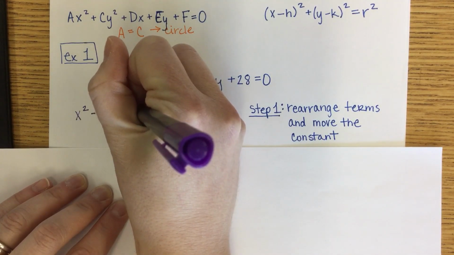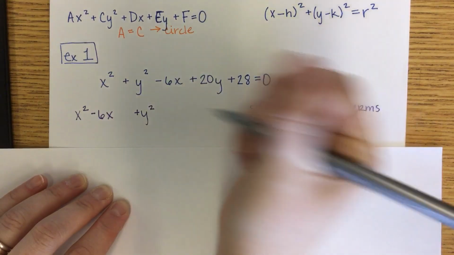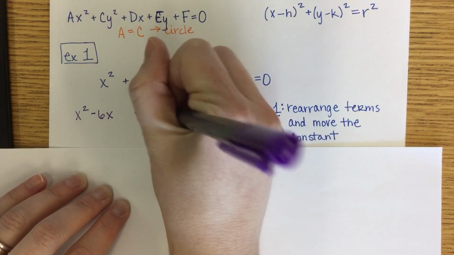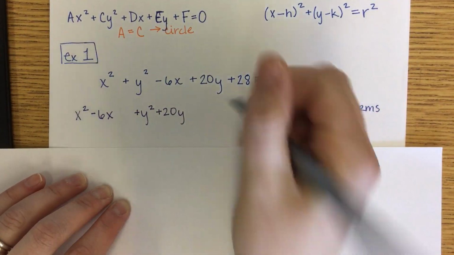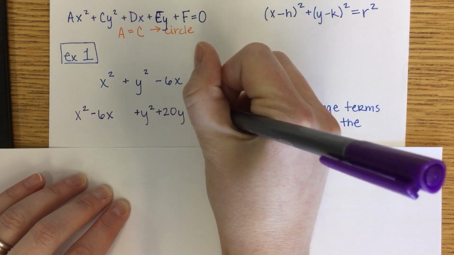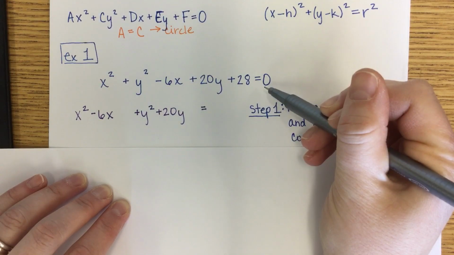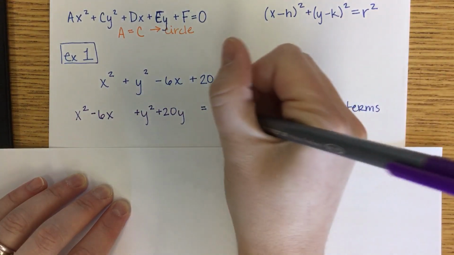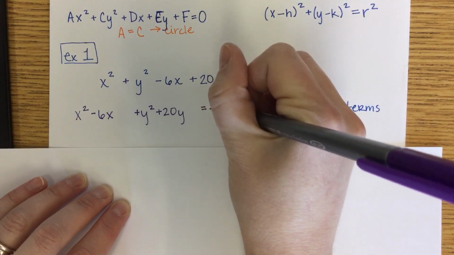Then I'm going to put my y's, plus y squared plus 20y. Again, I'm going to leave a little space, and then I'm going to do equals. In order to move this constant of 28 to the other side, I would subtract it. So I'm left with equals negative 28.